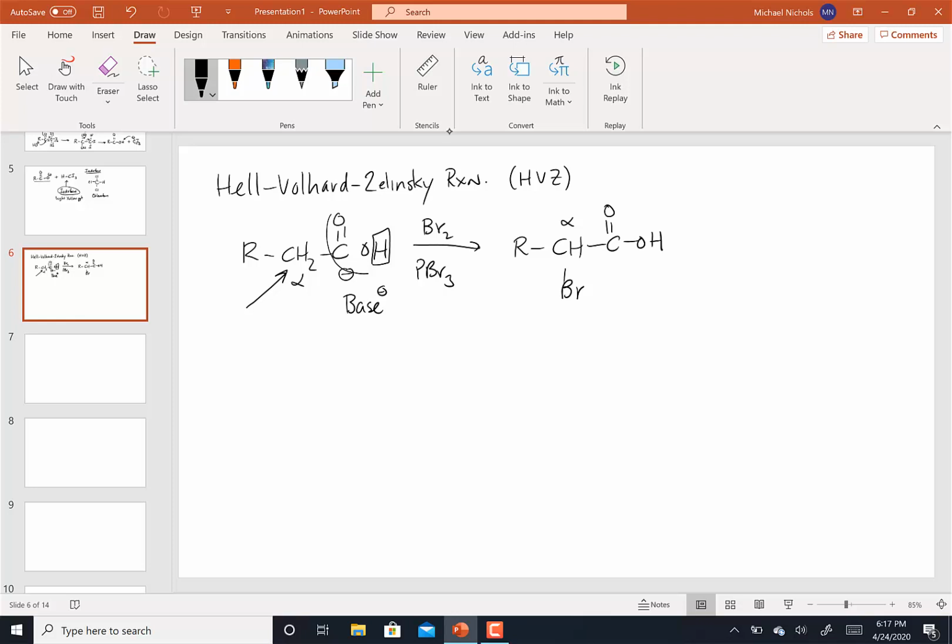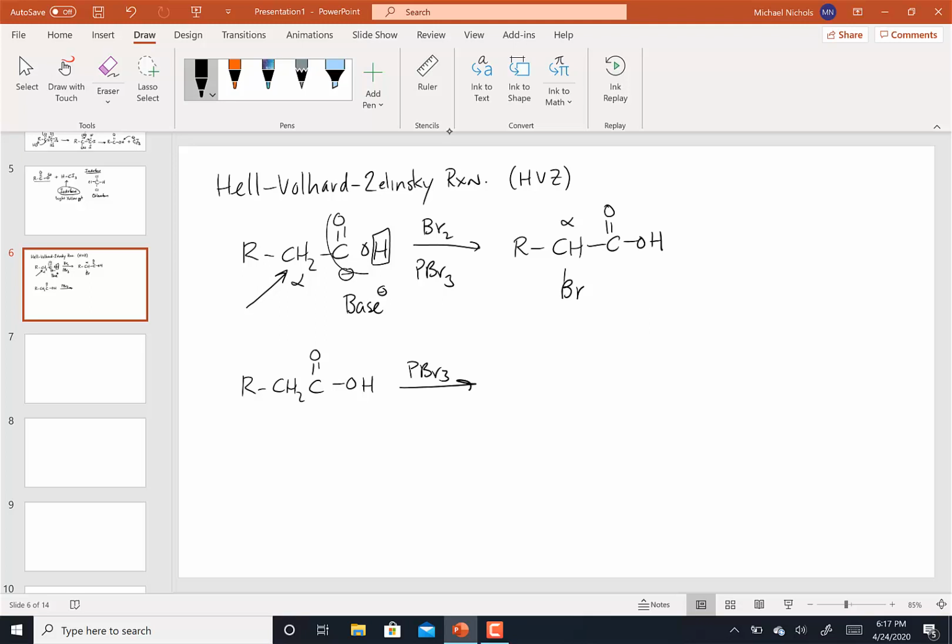And so this is the method that we do it, and this was a method developed by Hell, Volhard, and Zelinsky. And so this mechanism gets a little weird, but the first step is, let's take our carboxylic acid and let's react it with PBr3.